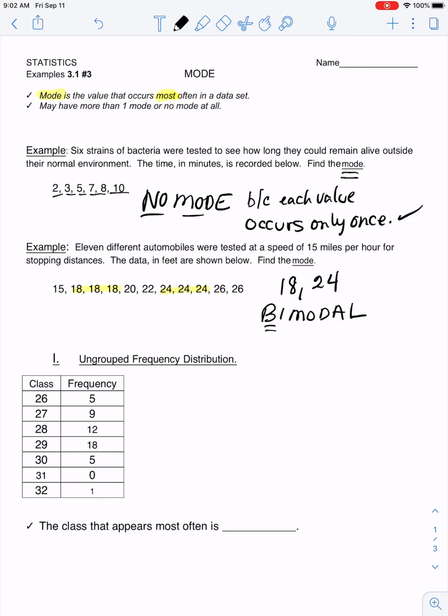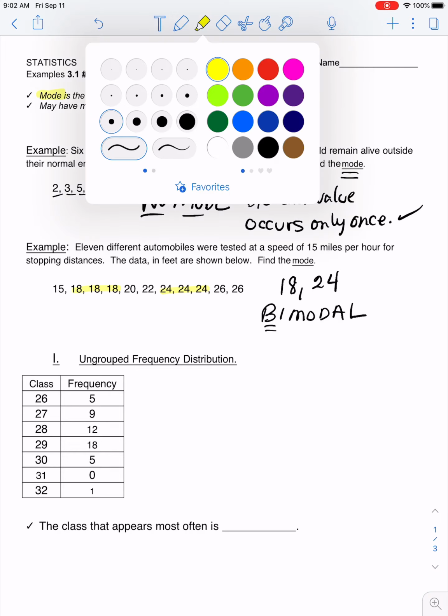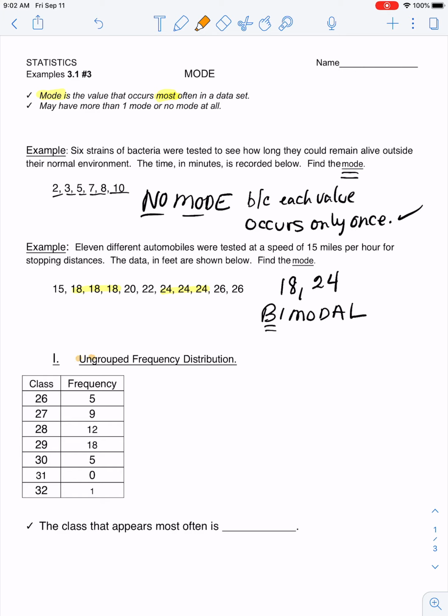Next up is an ungrouped frequency table. Ungrouped, like in our previous data sets for mean and median, just means I have the data in a list, and then I have my frequencies right beside it.